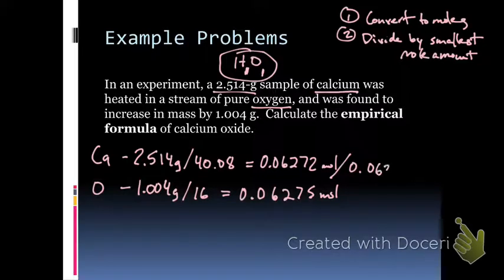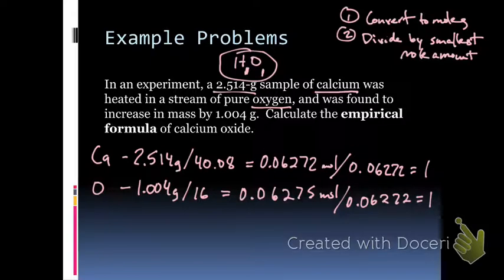I want to get it to a whole number. So dividing by the smallest amount, this becomes 1, obviously, and this becomes very close, like 1.0004. So we just round it to 1.